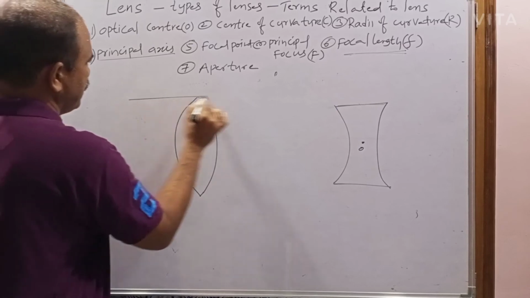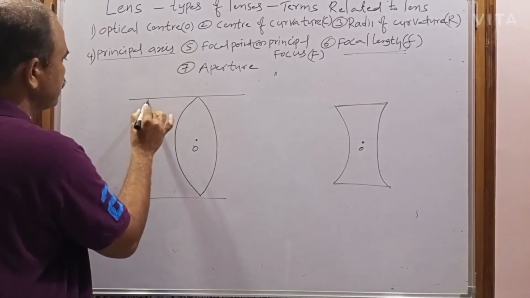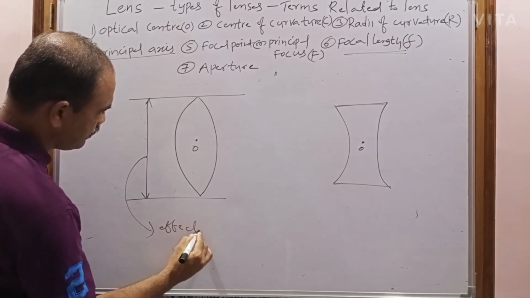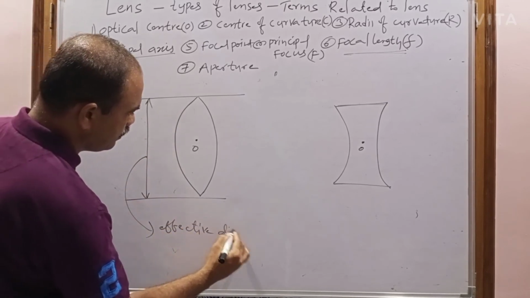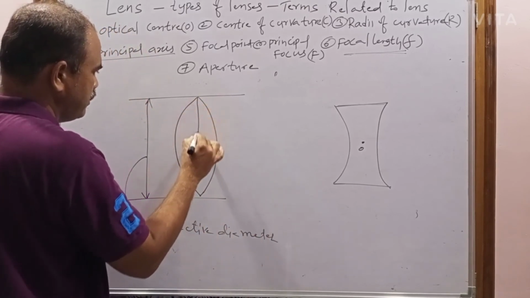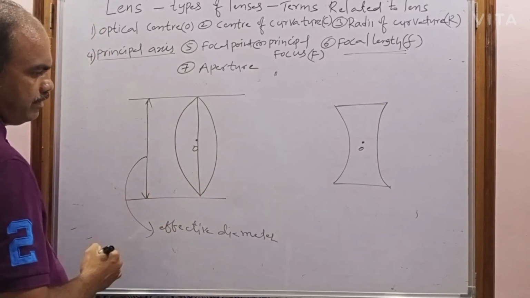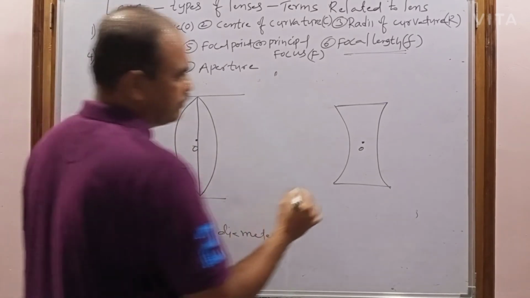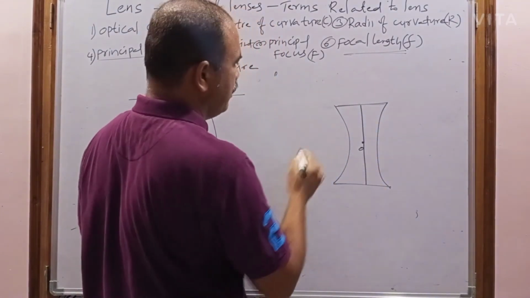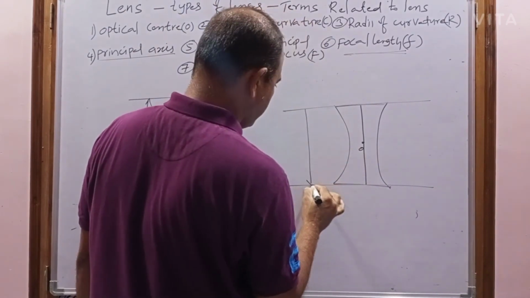This is called the effective diameter of the lens. This is the effective diameter of the convex lens, and this is the effective diameter of the concave lens.